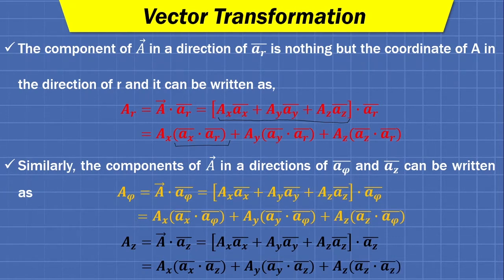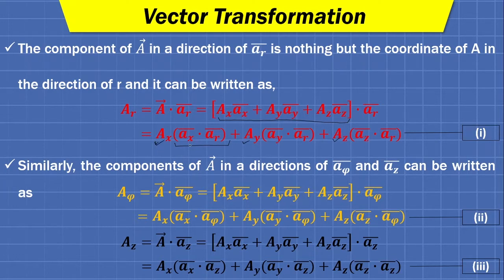For now, we are giving these equation numbers 1, 2 and 3 because we are going to use these three equations afterwards. Here AX, AY and AZ are the XYZ coordinates of point A, which are known.